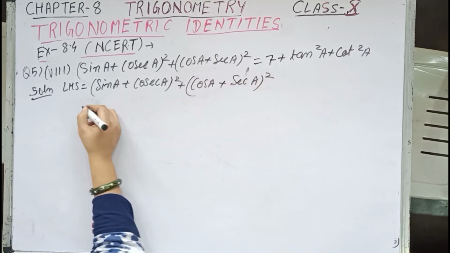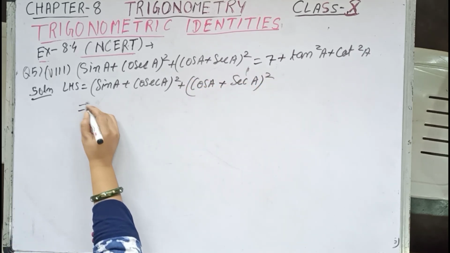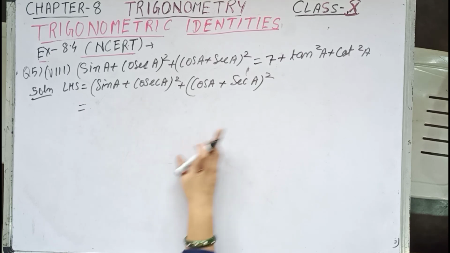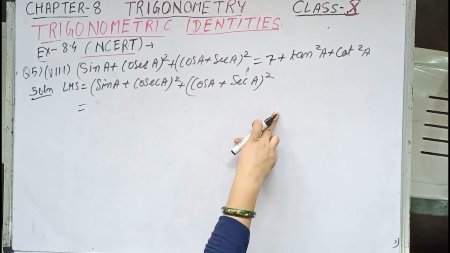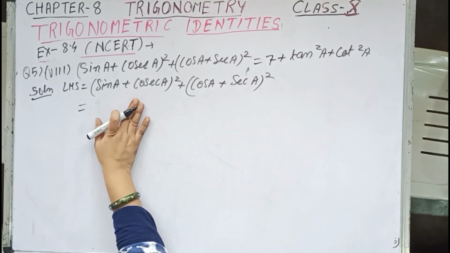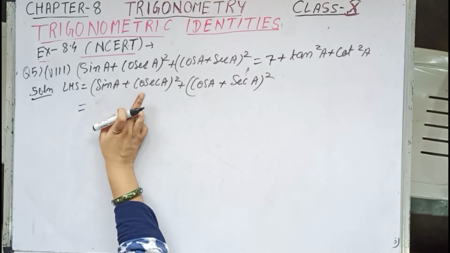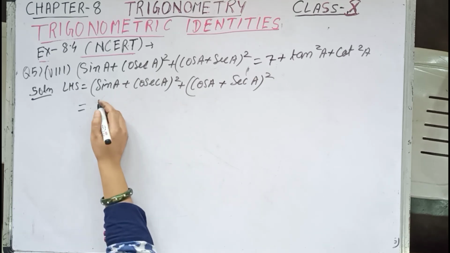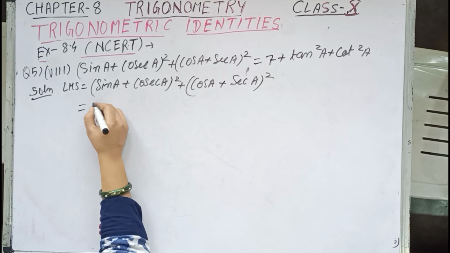Now over here I can use the (A plus B) whole square formula also, but I can see over there tan and cot are there. So let us first break cosec in terms of 1 by sin. Now leave it. Let us square the bracket, I mean open the bracket.